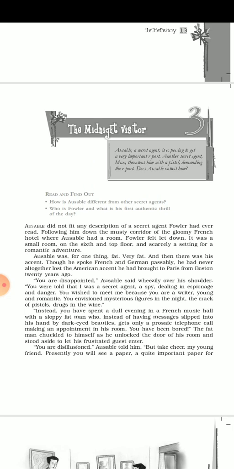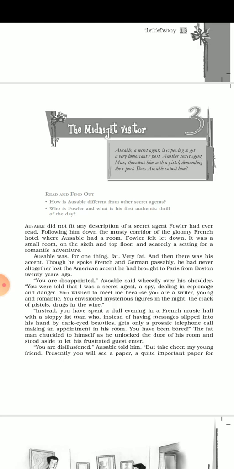So, next line. Following him down the musty corridor of the gloomy French hotel where Audible had a room, Fowler felt let down. It was a small room on the sixth and top floor and scarcely a setting for a romantic adventure. I told you, Fowler was a young and romantic writer.